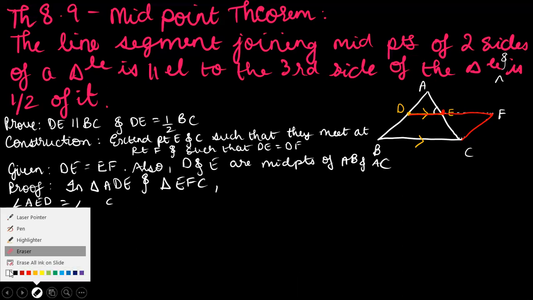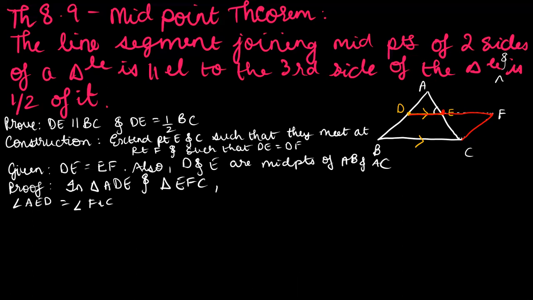Sorry, that was a mistake, it's angle FEC, not angle EFC. Let's name these angles: this is 1, this is 2. So angle 1 is equal to angle 2. Why? Because they are vertically opposite angles.